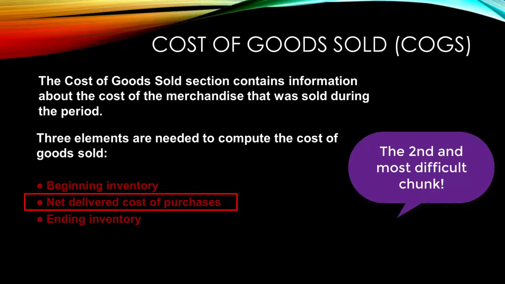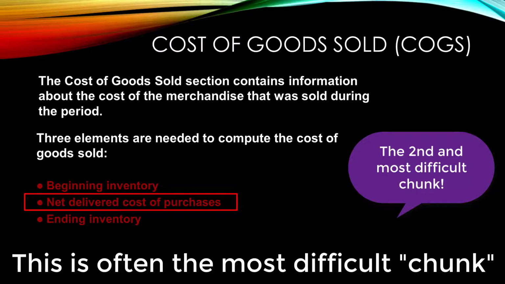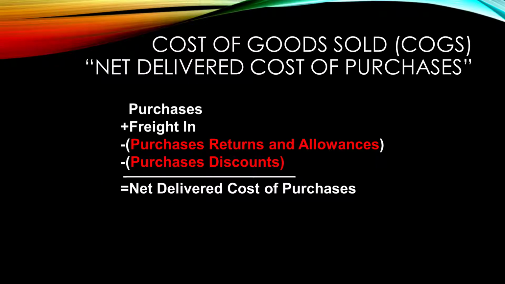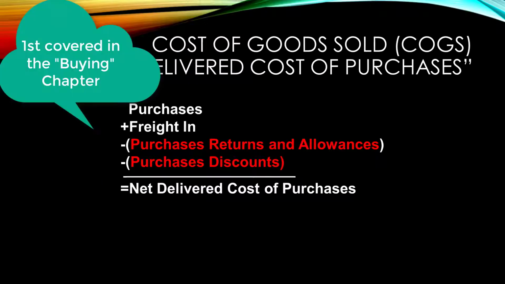My guess is this chunk will take up the most of your memory bank, so let's go back and review this section. You will have to go back in your memory bank to the chapter on purchases. Again, focus on the chunk that we are computing here. It's called the net delivered cost of purchases.